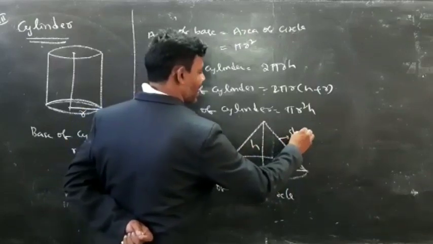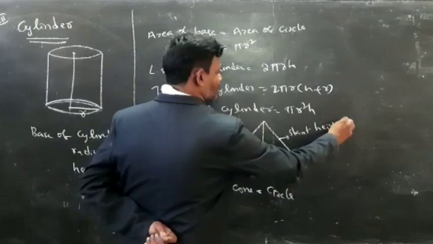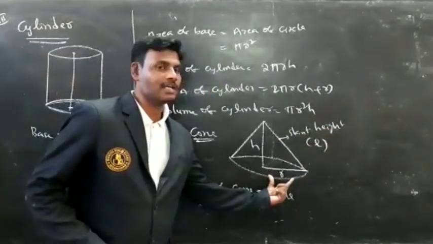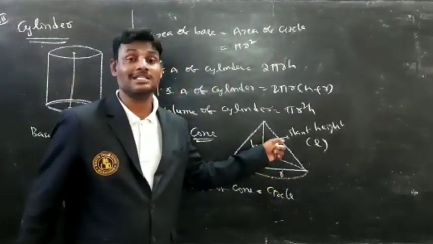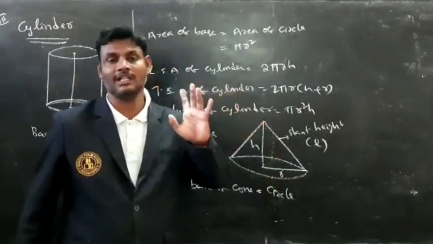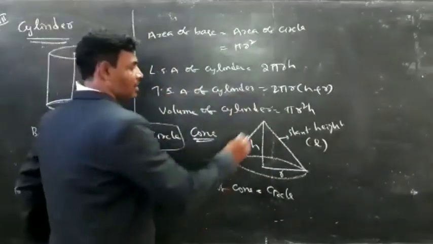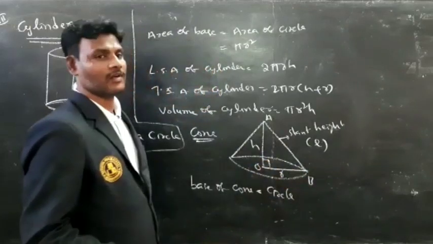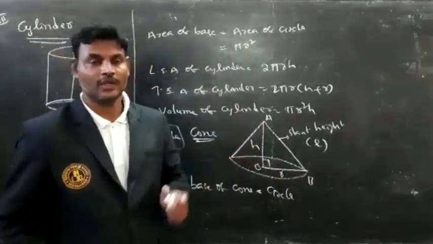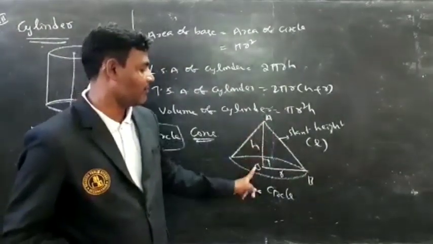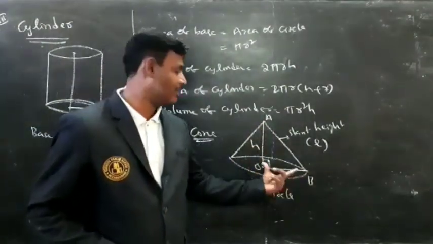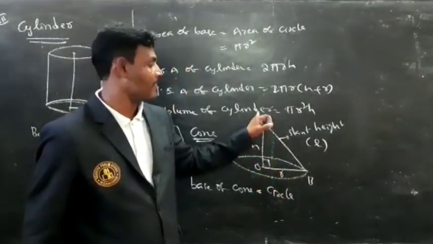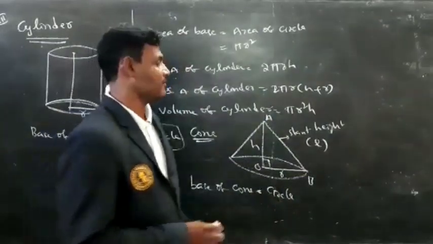This one is called slant height, and we indicate it with L. Clearly observe here, A, O, B. Here one right angle triangle is formed, with right angle at O. Why? Because OB is the base, OA is the altitude and AB is the hypotenuse.